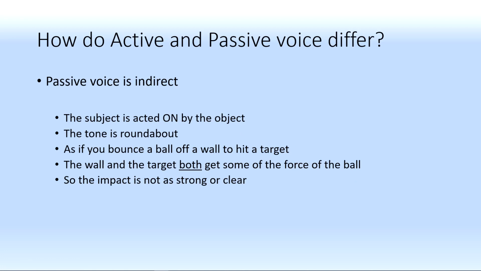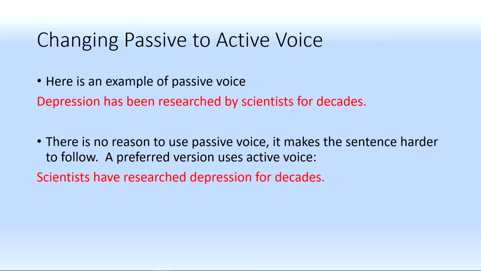And the tone is not clear. It's roundabout, right? As if you bounce a ball off a wall to hit a target, the wall and the target both get some of the force of the ball. So the impact is not as strong or as clear as using active, okay?